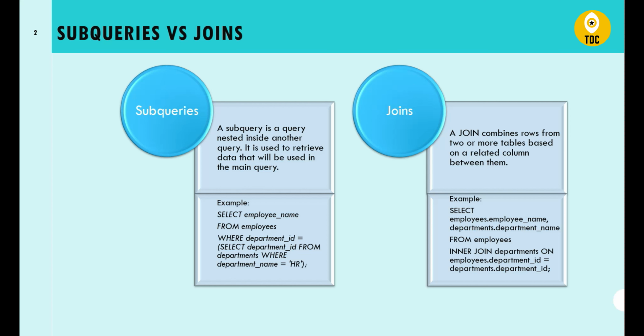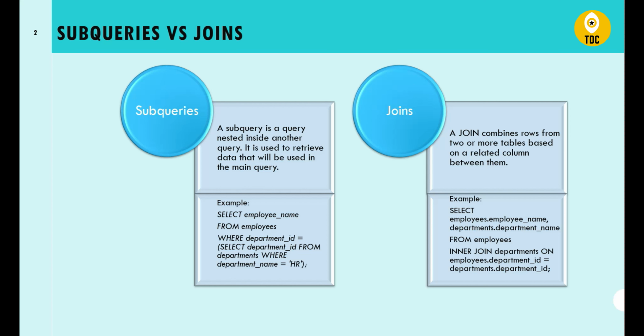It is used to retrieve data that will be used in the main query. There will be a child query which returns values to the main query, and the returned value from the child query will be used in the main query.